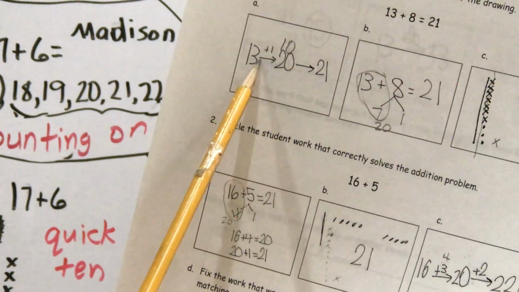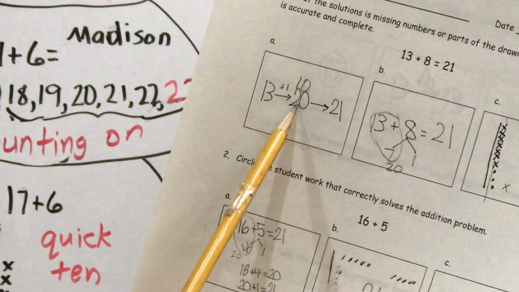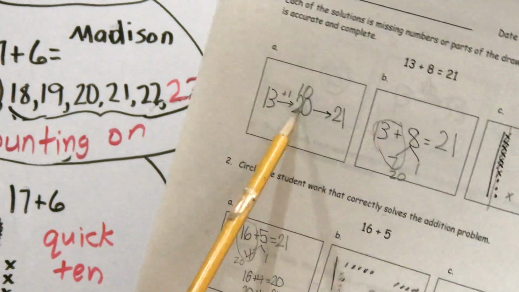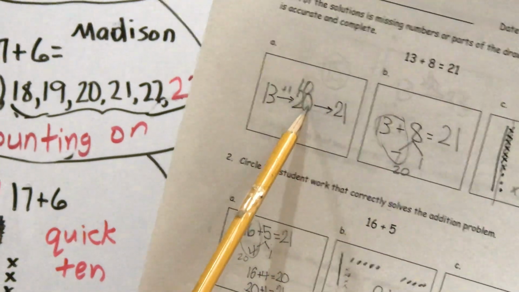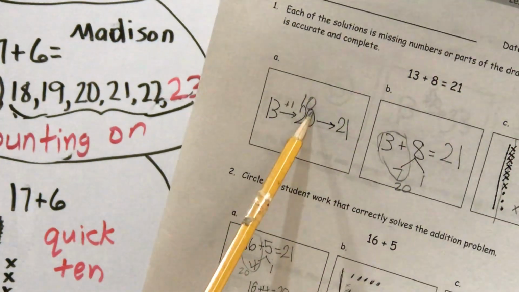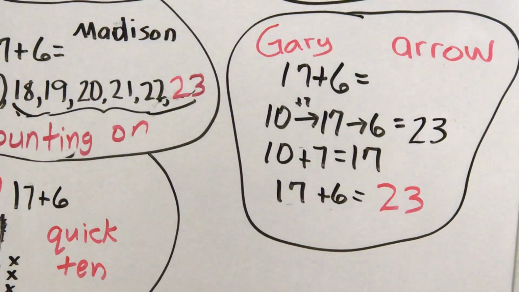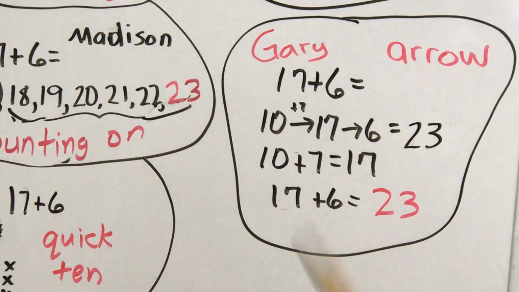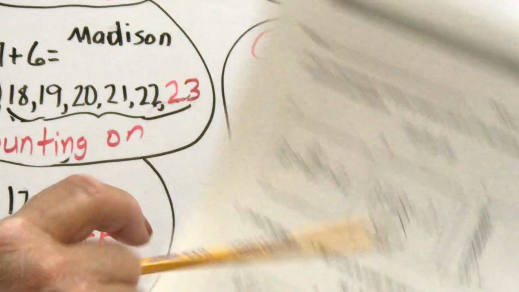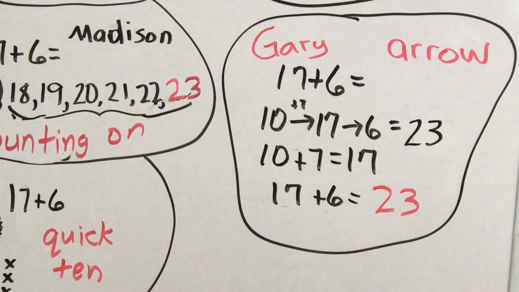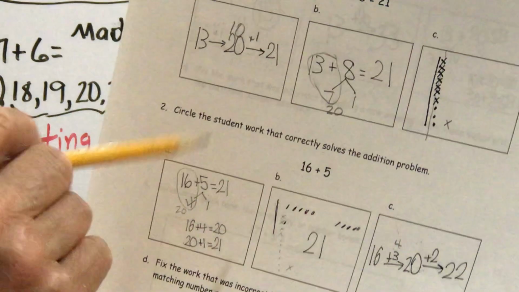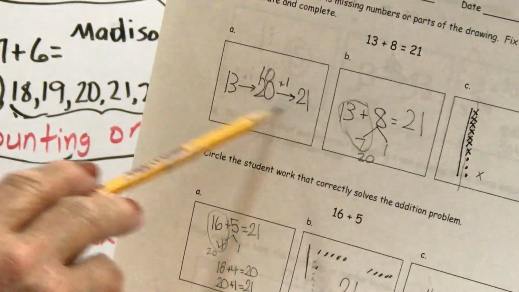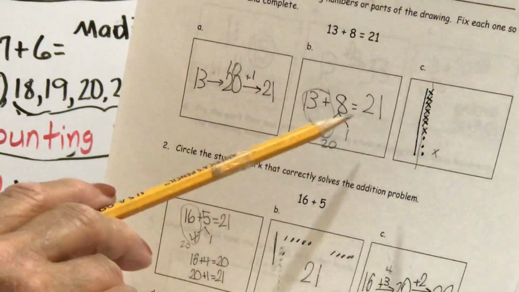And we can't do 13 plus 20 because our answer will be 30 with that 2 and 1. So we had to change the 20 to a 10. And so it was 13 plus 10 gave us 20, and then we had to add plus 1 to give us 21. So this is what you're going to do on the computer.